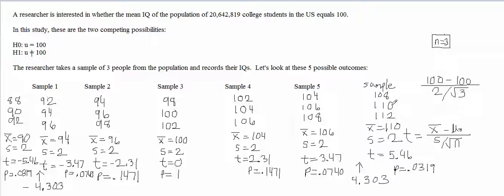I mean, we're not definitely going to get one of these data sets, but these are some hypothetical data sets that could be found with 3 people. And once we get our sample of 3 people, we know what the sample mean equals because we can actually calculate it. What we don't know is what the mean of the population was. We don't know what the mean of the population that the sample came from equals.